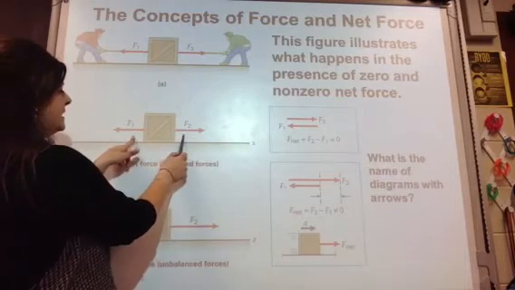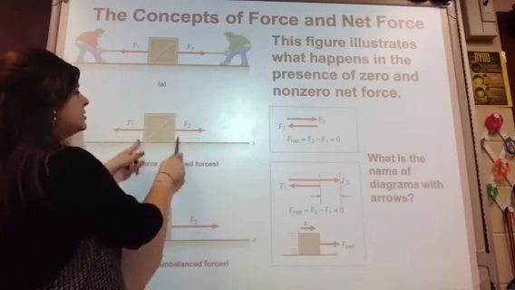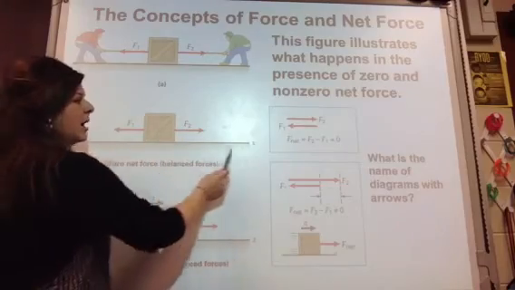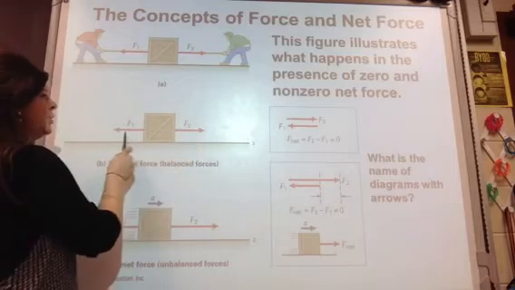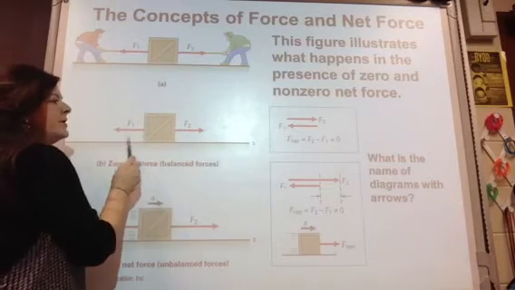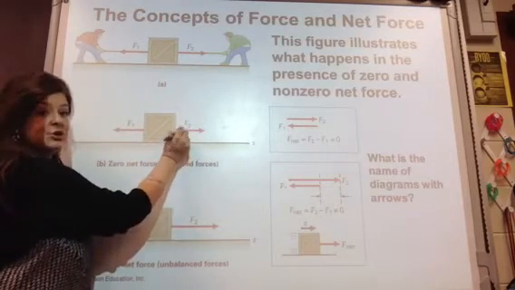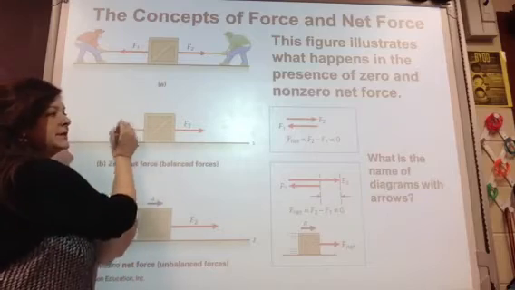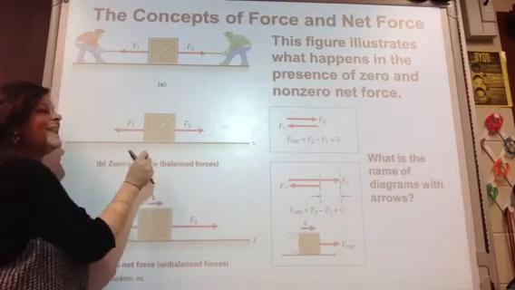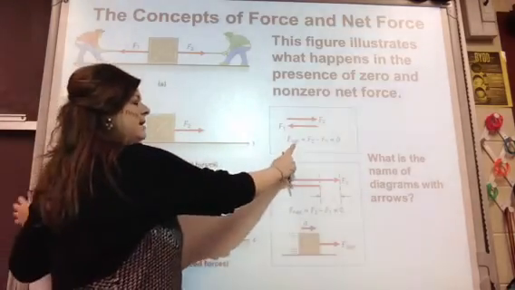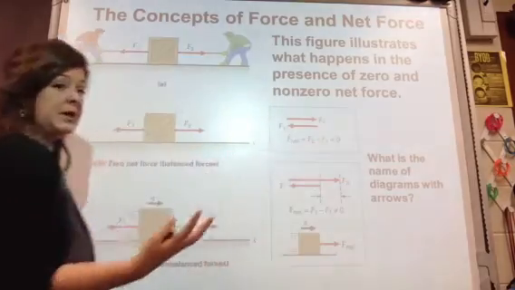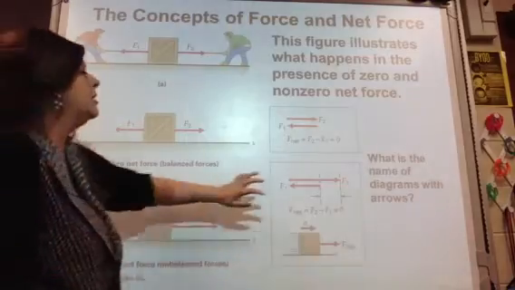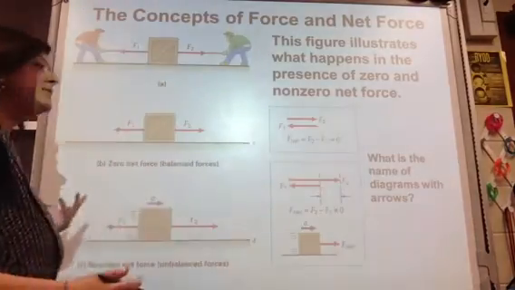I'm going to do the net force of, let's say, F2 plus F1, but since F1 is acting in the opposite direction of F2, F1 is considered to be in the negative direction. So the net force is F2 plus a negative F1, because it's going in that opposite direction. That would give me a net force of 0.